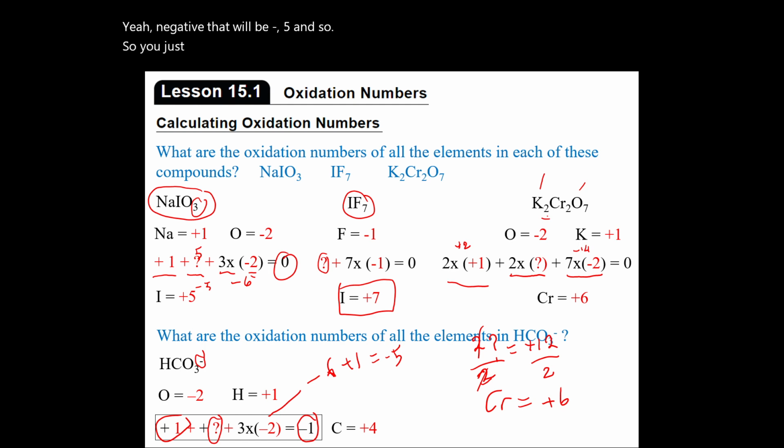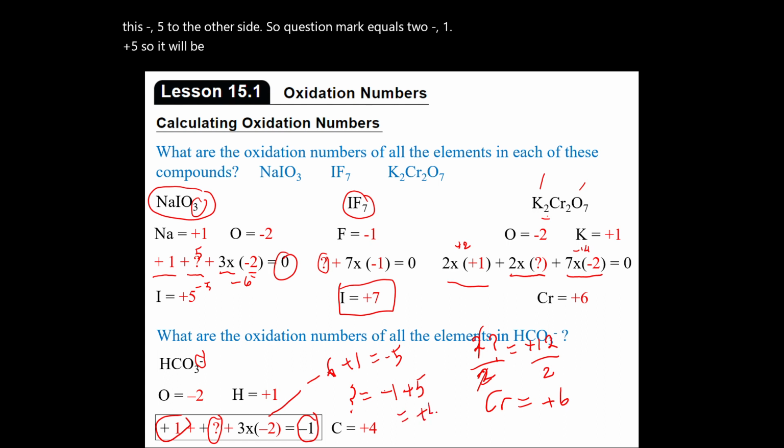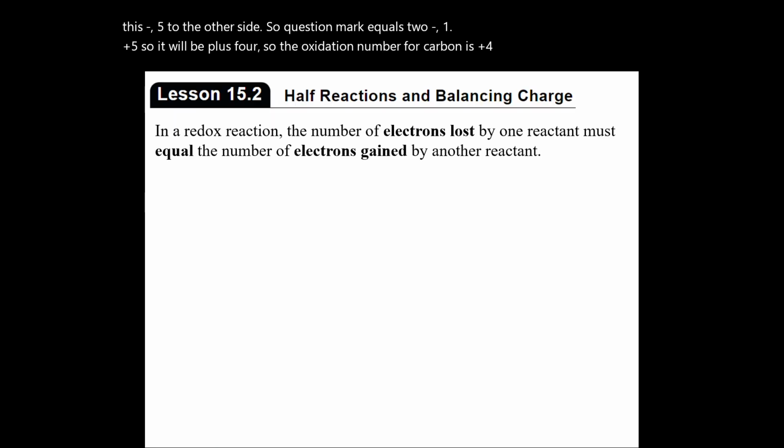To leave the question mark alone, you have to move this -5 to the other side. So question mark equals -1 plus 5, so it will be +4. So the oxidation number for carbon is +4 here.